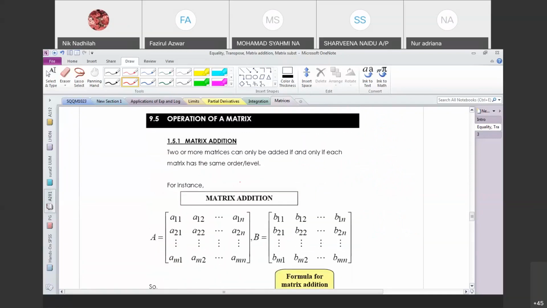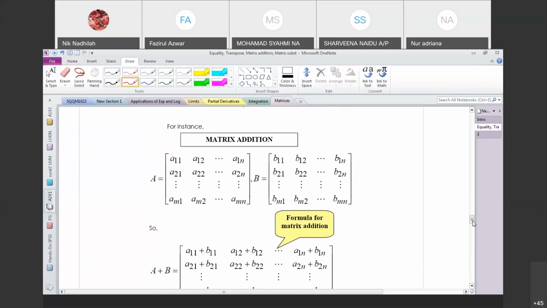Now let's move on to operations of a matrix. First, let's look at matrix addition. First thing first, in order to add two matrices, both matrices must have the same order. For example, matrix A 2 by 2 plus B 2 by 2 is possible.